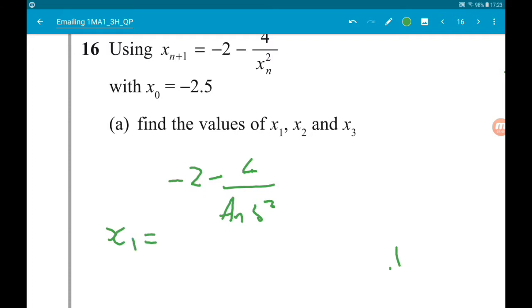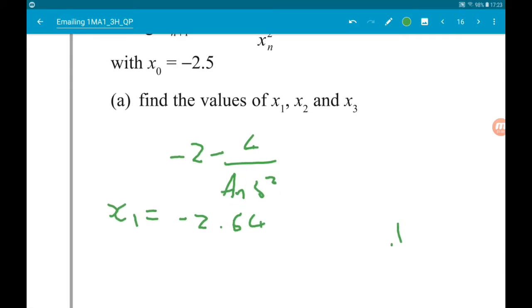Which should be minus 2.64. Press equals again, that gives you x2. And so they're all gone to 3 decimals, minus 2.574.